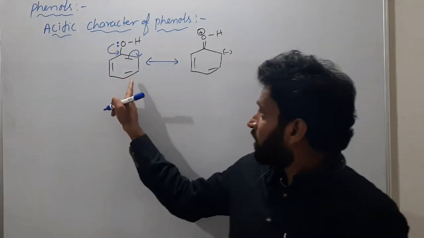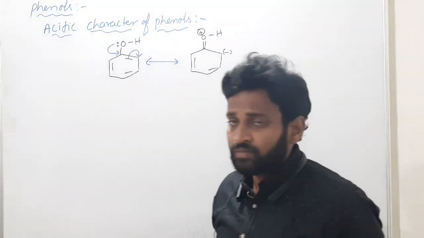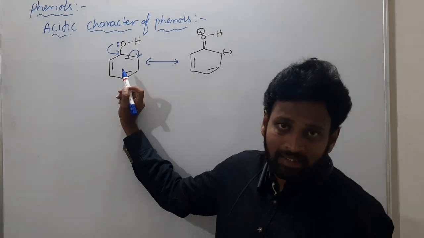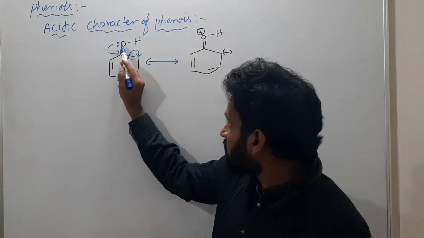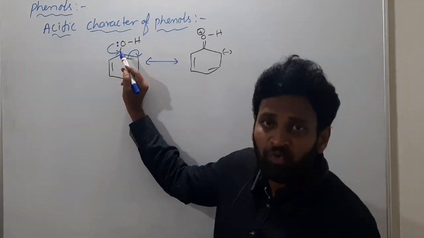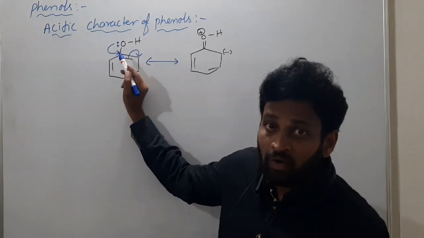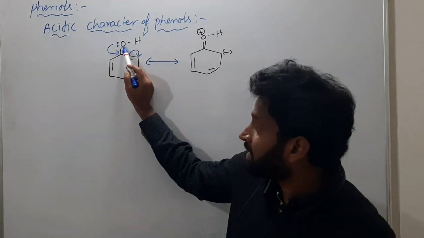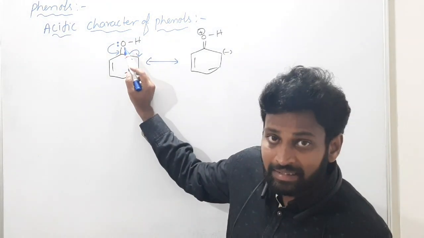When an electron withdrawing group is attached, certainly the electron density on oxygen decreases. Remember, if electrons are moving away from oxygen, certainly the electron density on oxygen decreases.